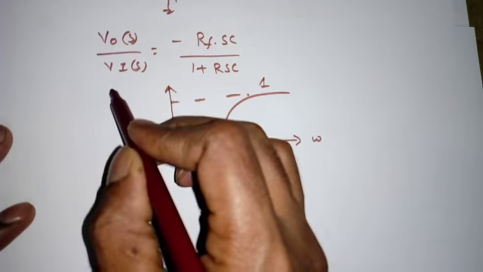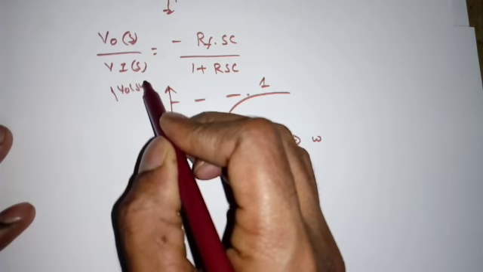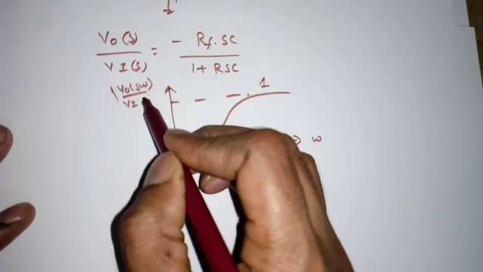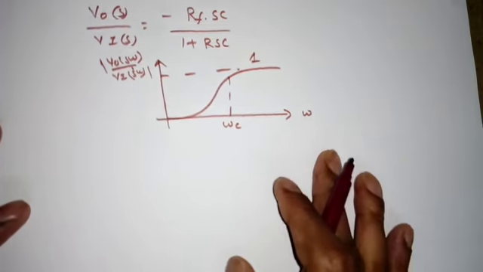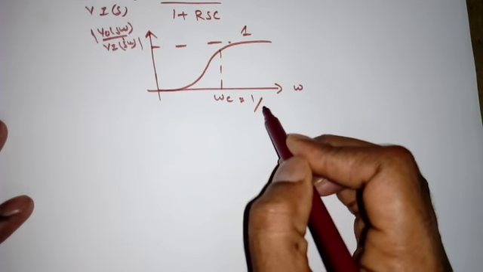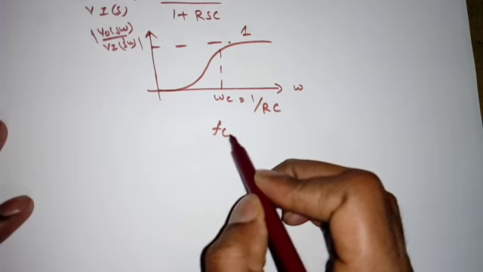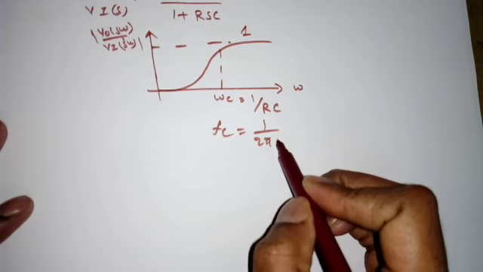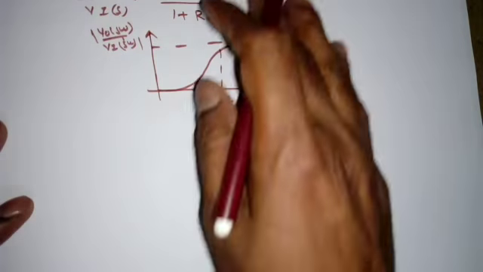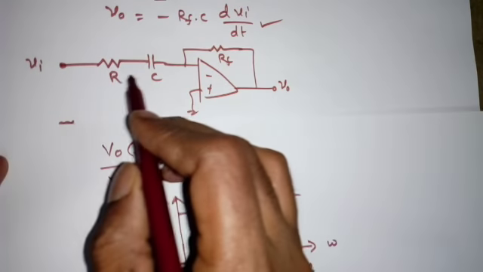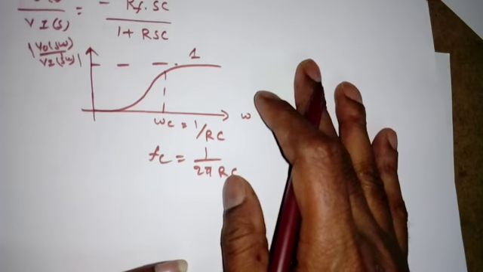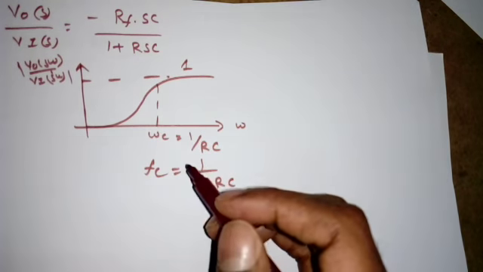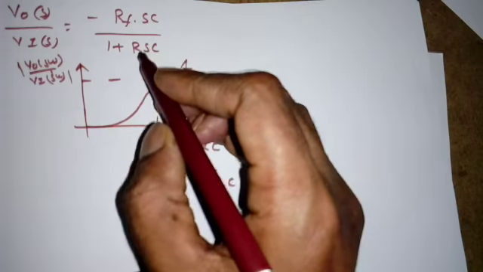When we draw the frequency response, we got something like this. Maximum we got 1. This is V0 of j omega by Vi of j omega. We have found the cutoff frequency as 1 by RC, or fC is equal to 1 by 2 pi R into C. R is the resistance in series with the capacitor C here. Then we concluded at what frequencies we will get differentiation. What is the condition for that?